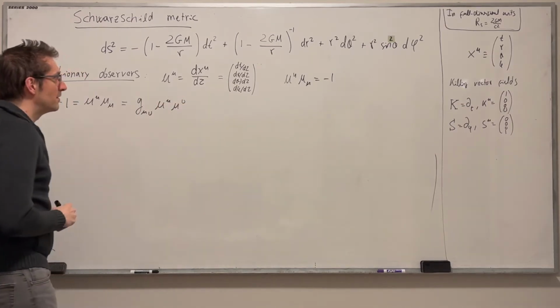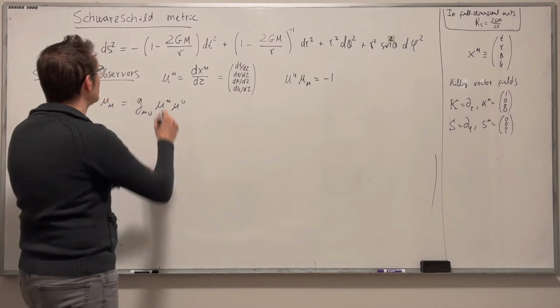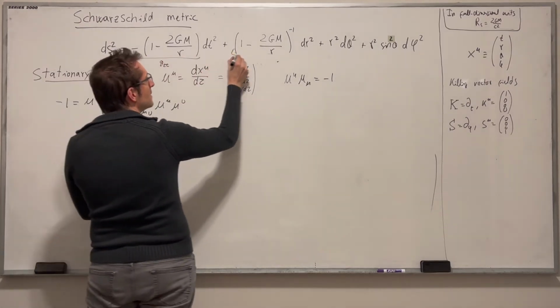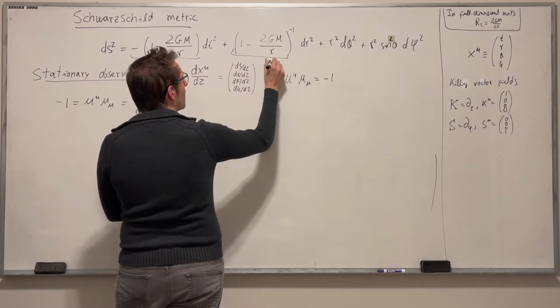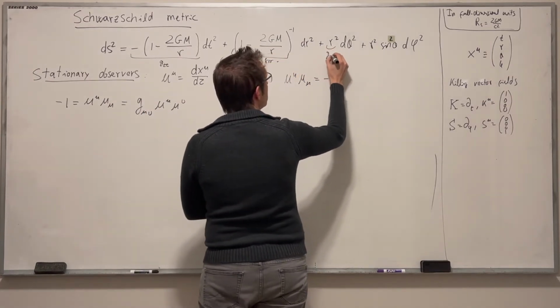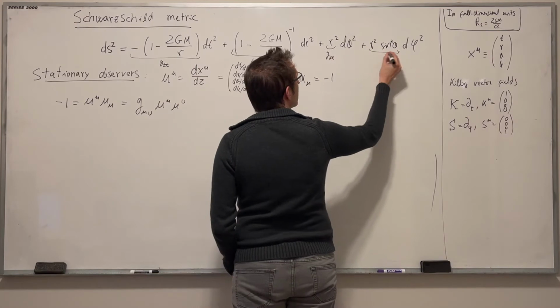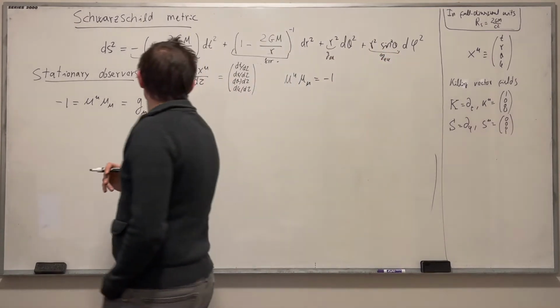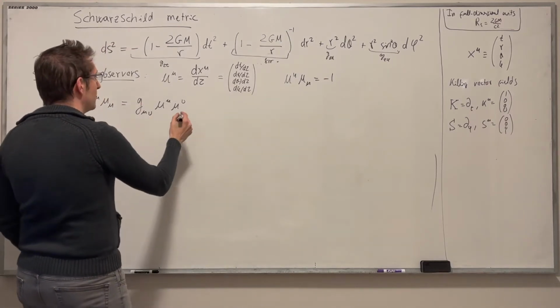All right, so if I do that, I have the coefficients of the metric. Remember, this thing is g_tt, then this thing is g_rr, and this thing is g_θθ, and this thing is g_φφ. All right, so let me just write here the generic one.